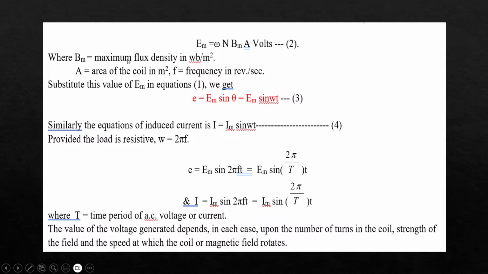Bm is the maximum flux density, Weber per meter squared. Weber is the unit of flux, so flux density is per area. Into the area, that gives you the maximum flux into N into omega. So E equal to Em sine theta, which is Em sine omega t.